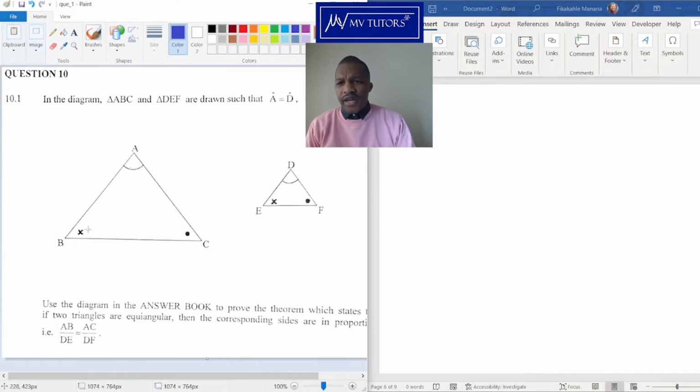So I need to prove that AB over DE is equal to AC over DF.